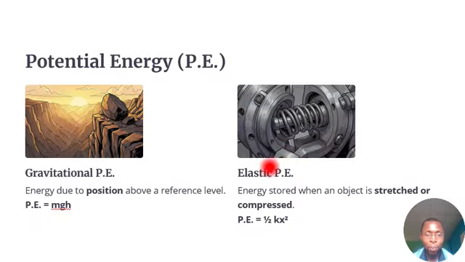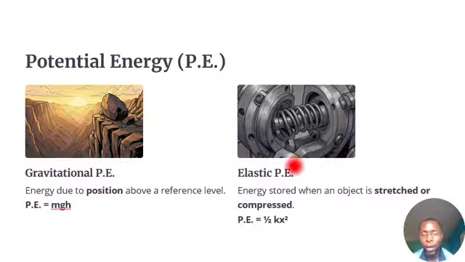It's still under potential energy, but elastic potential energy, while this one is gravitational potential energy. So they have different formulas. Gravitational potential energy is the product of mass, acceleration due to gravity, and the height where the object is.